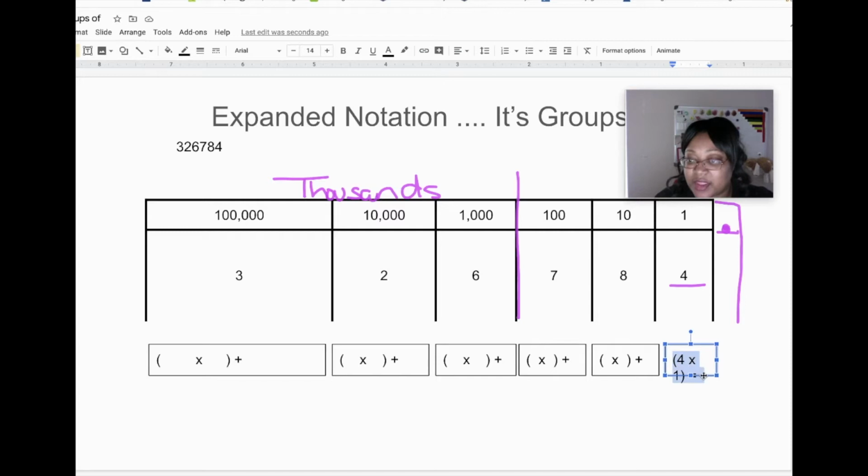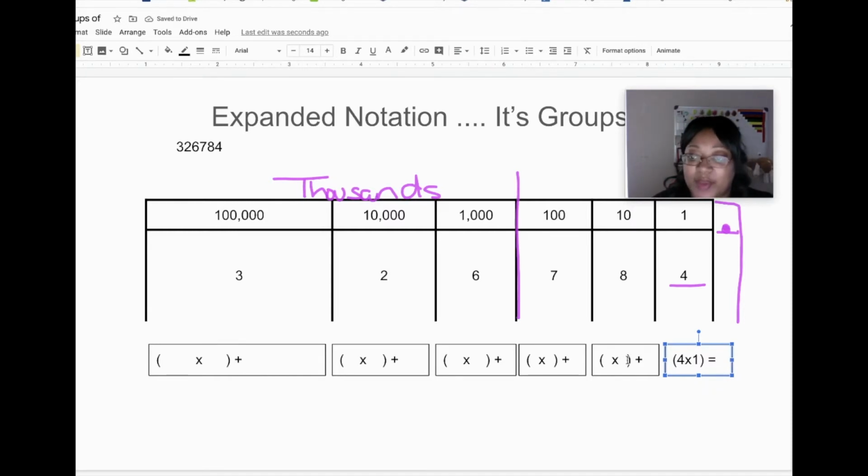Okay. And now we're going to add it because we're decomposing 326,784 into its individual place values by groups of. That's what expanded notation is. So now let's go to this one.